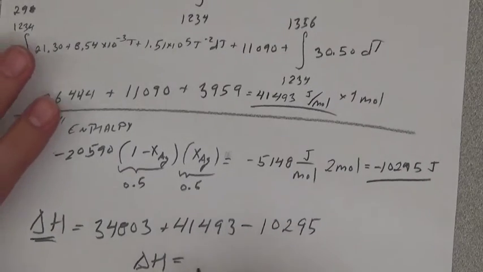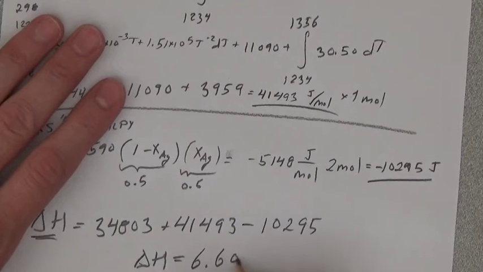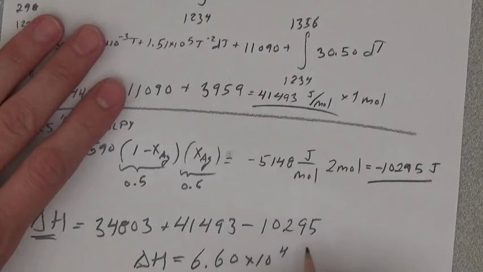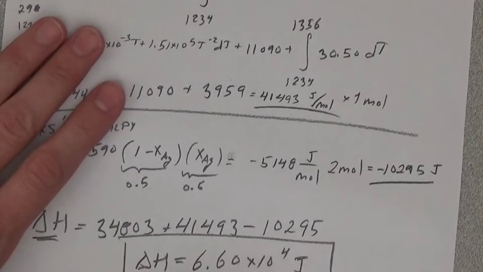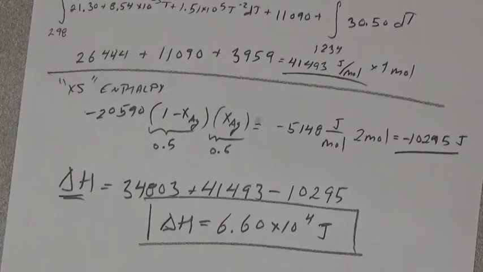Delta H is equal to 7.50 times 10 to the 4 joule. And that is the heat required to form a liquid solution of 1 mole of copper and 1 mole of silver at 1356 K, starting from solid constituents at 298 K.